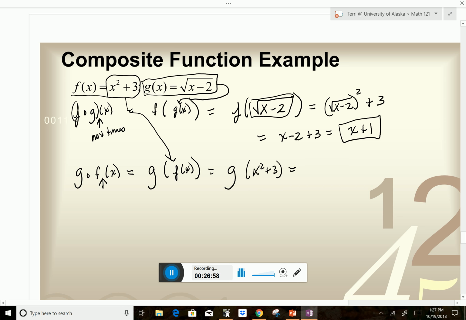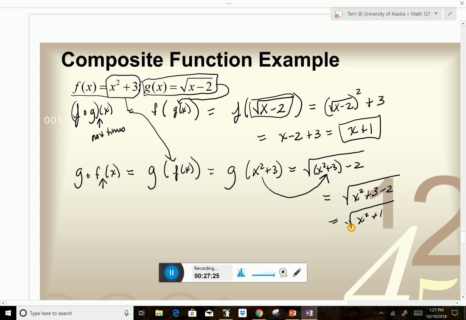So that is going to be the square root of, I just put that in parentheses where x is, x squared plus 3, minus 2. So it takes my input, subtracts 2, and then takes the square root. So that is the square root of x squared plus 3 minus 2, which is the square root of x squared plus 1. I cannot do any more.